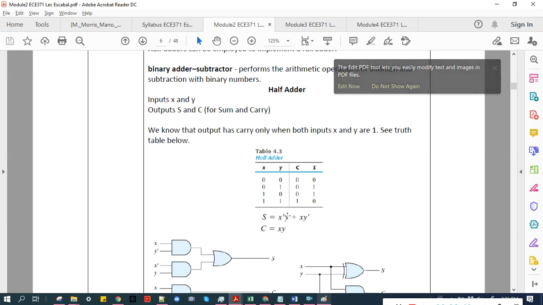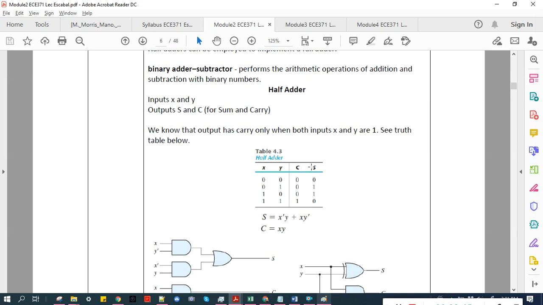S is 1 when X is 0 and Y is 1, which in minterm form is X prime Y. Then S is 1 again if X is 1 and Y is 0, which corresponds to the minterm X Y prime. For C, C is 1 only when X is 1 and Y is 1, which is equivalent to the minterm X Y.